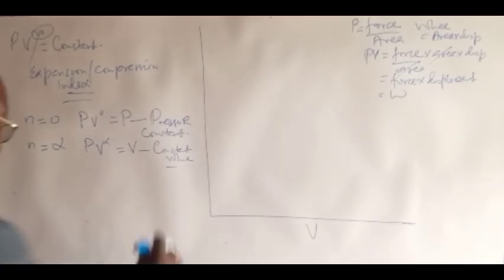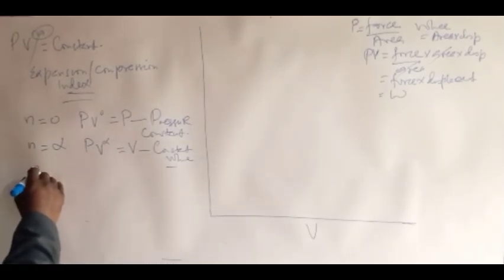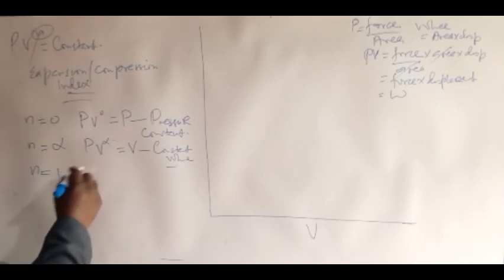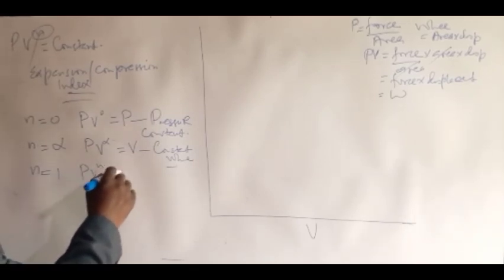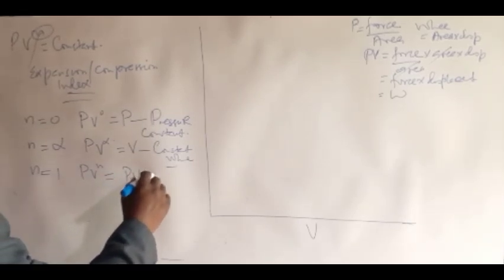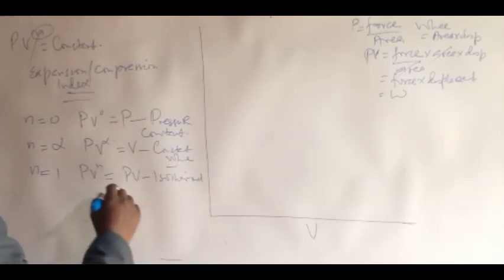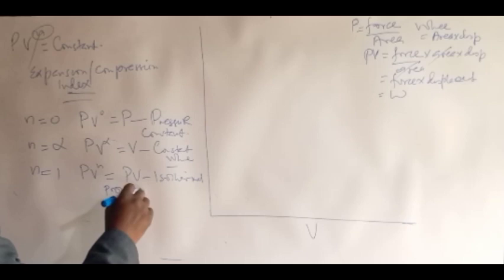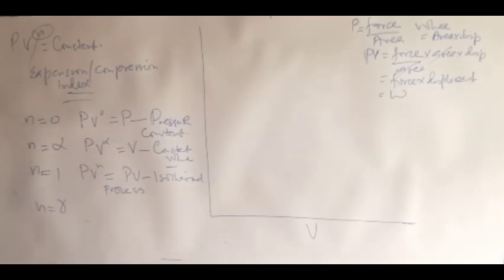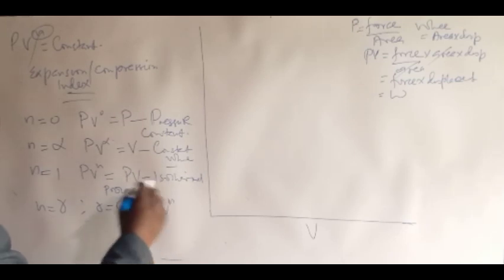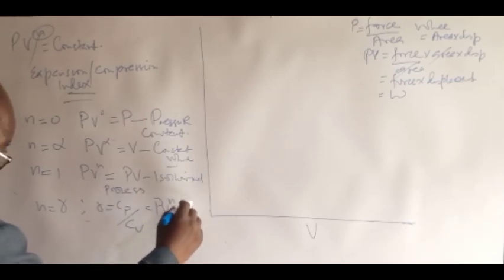Now, if n is equal to 1, then PV^n will simply be PV. That's an isothermal process. And if n is equal to gamma, where gamma is the ratio of the heat capacities, then PV^n will be PV^gamma.